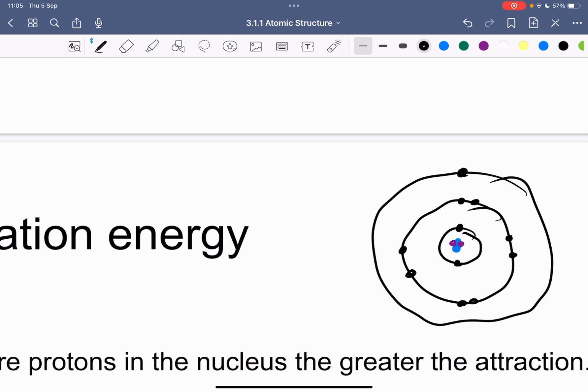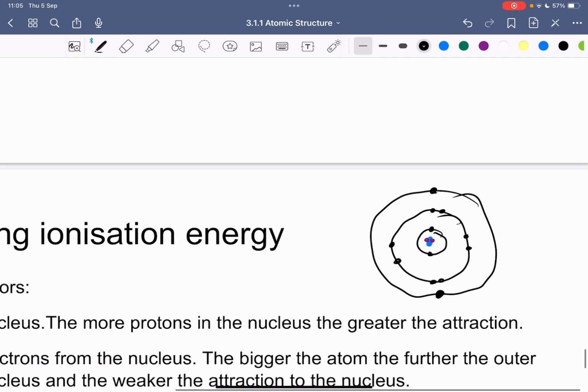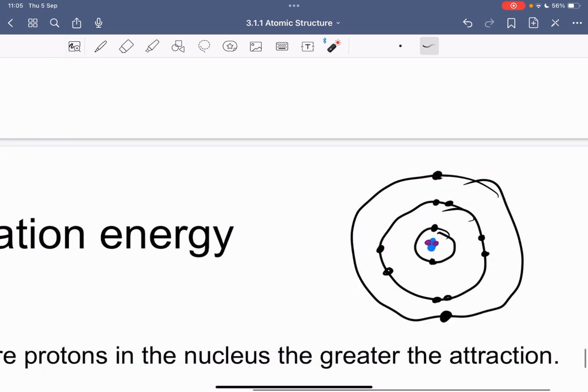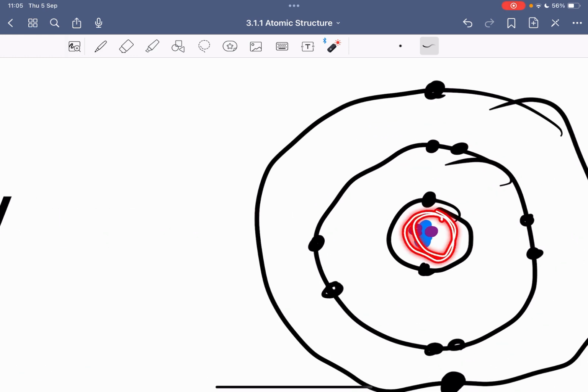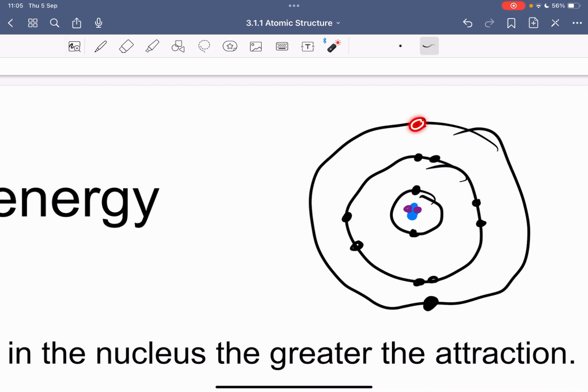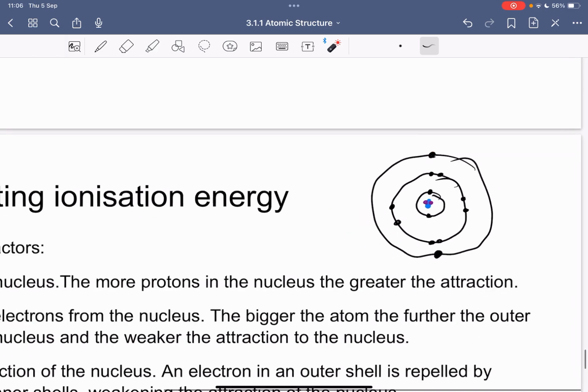Now I'm just going to draw a random atom. So if we want to remove this electron, it's going to be harder if there are more protons here, because the positive charge of the protons and the negative charge of the electrons creates a strong electrostatic attraction. So the more protons there are, the harder it is to break that attraction.